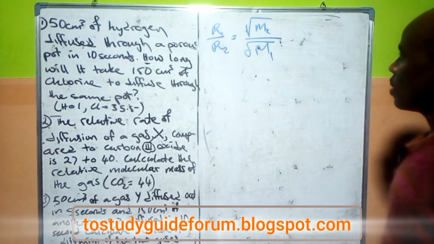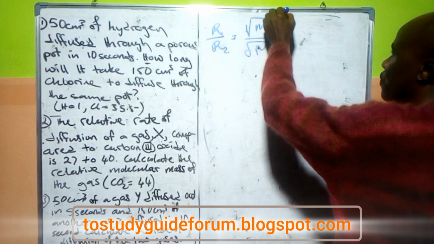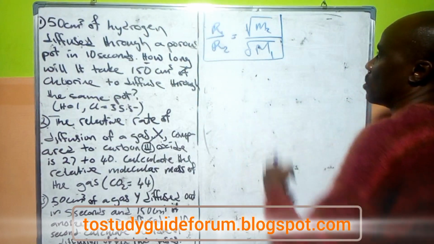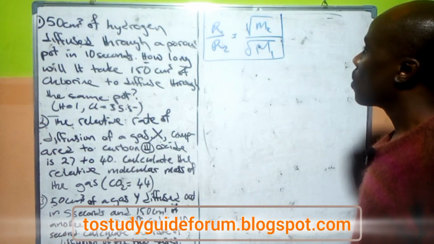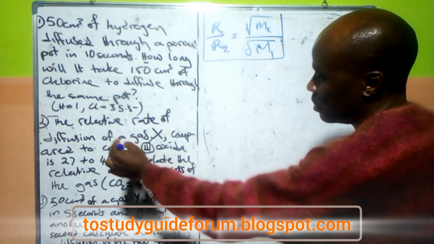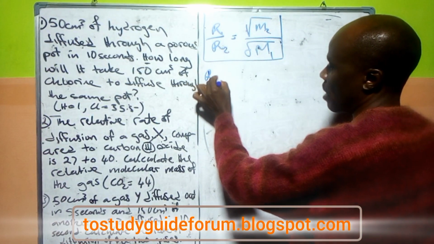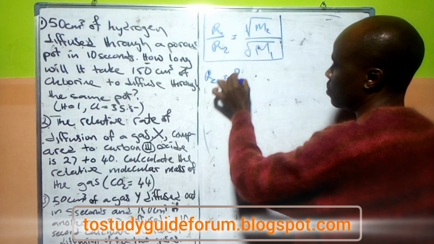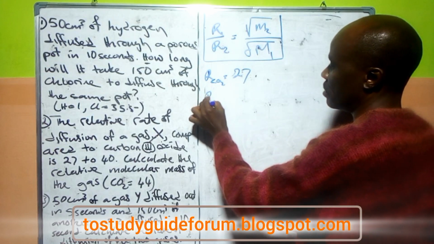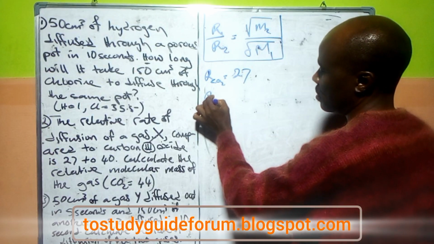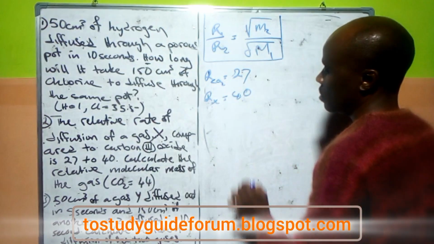Based on this relationship, we can say that since we are comparing the rates, the rate for carbon 4 is 27, while the rate for the gas X is 40.